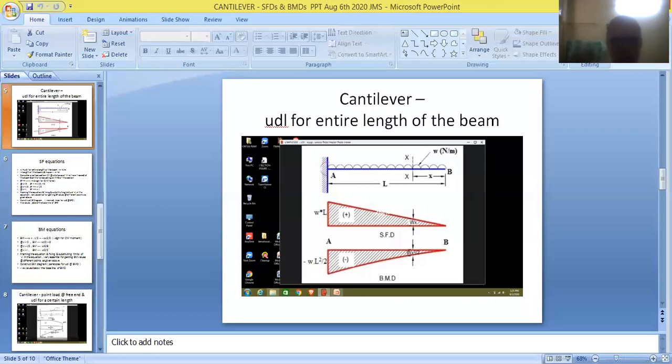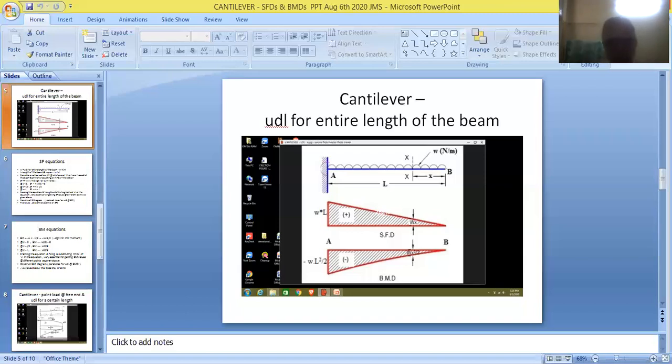Therefore, the bending moment is written as wx into x by 2. This downward force results in a clockwise moment, so a negative symbol must be allotted for this value. Therefore, it is written as minus wx into x by 2. Ultimately, it is written as minus wx square by 2.